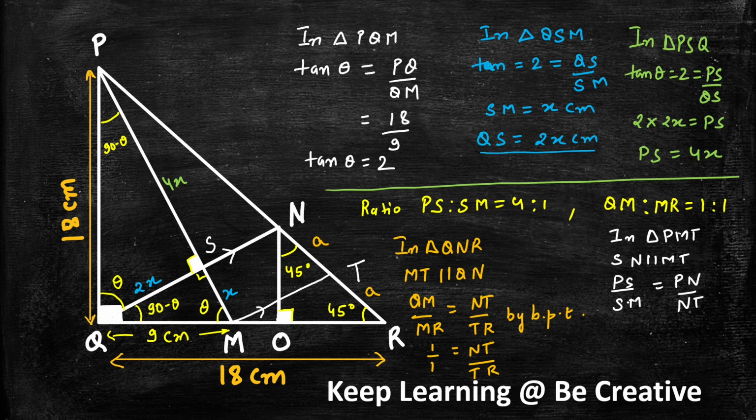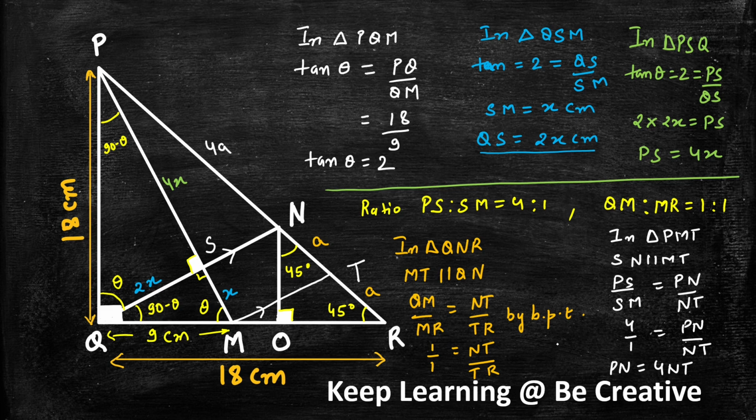Now PS is 4x and SM is x, so it will be 4/1, that is equal to PN upon NT. So if the value of NT here we have taken as A, PN will come out to be 4 times of this. I can very easily write PN is equal to 4 times NT, so here it will be 4A. We have calculated the ratio PN to NT, that is 4:1, and NT to TR as 1:1. So we have marked these lengths.